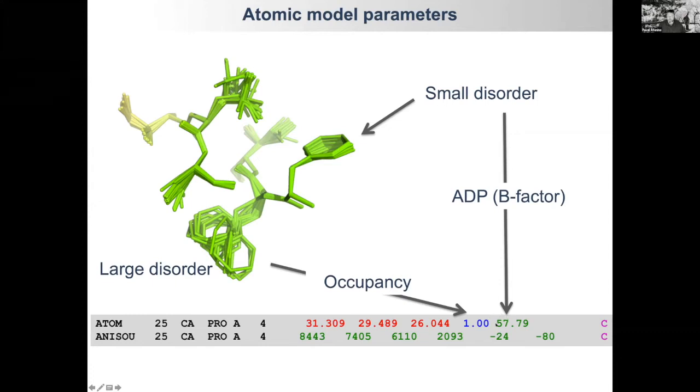So if you have an isotropic B factor, you'll have just one number in your PDB atom record. That's the B factor. If you represent your B factors as anisotropic, you'll have 6 elements describing the anisotropic B factor, the ellipsoids.